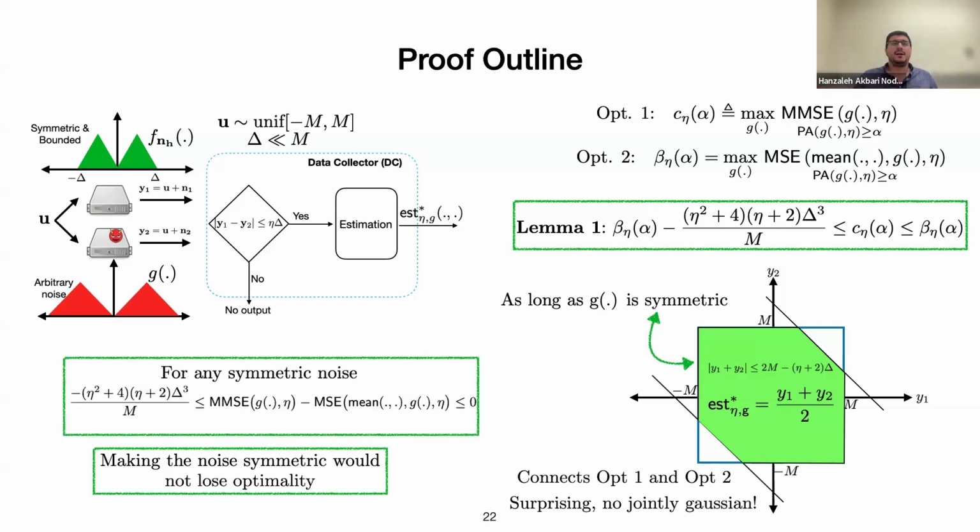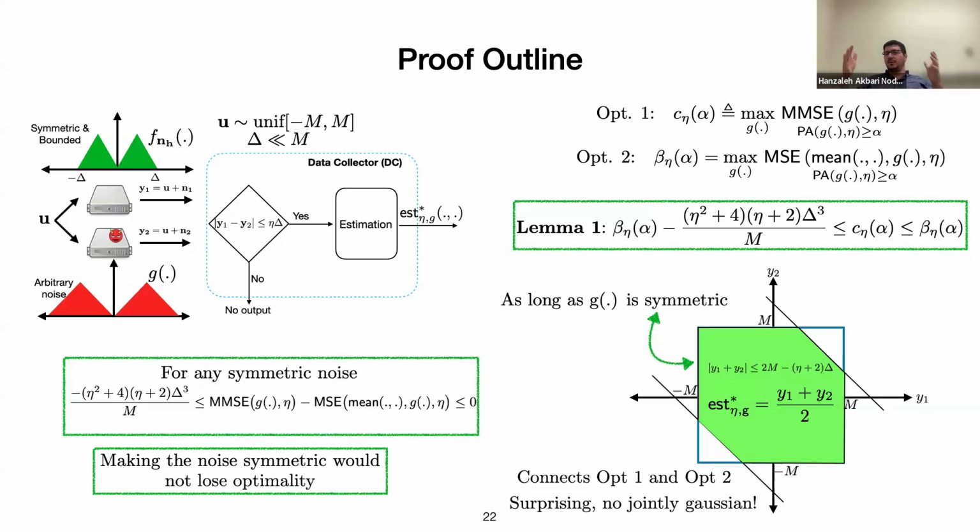optimality. And then by having the first observation, this green area, we will show that for any symmetric noise of the adversary, the difference between the MMSE, which is the error for the case that the data collector is utilizing the best estimation function, and the MSE for the case that the data collector is utilizing the mean as the estimation function, is not that much.